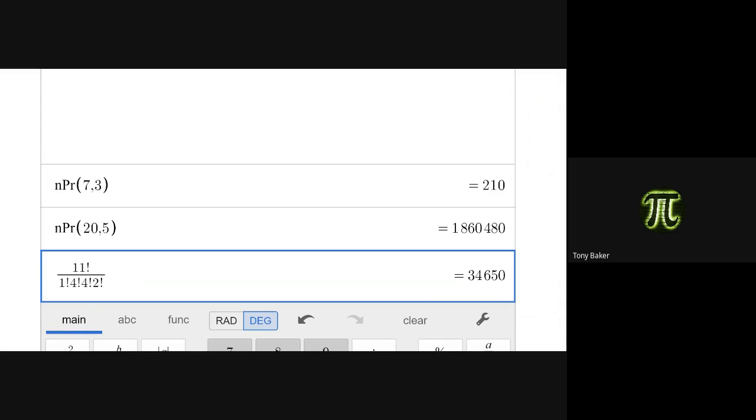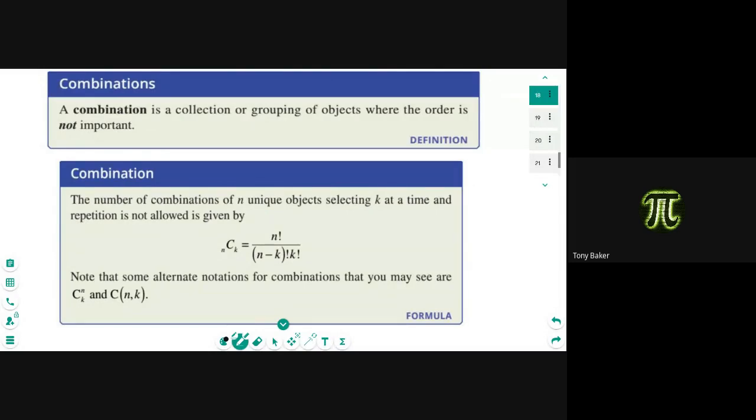Last one, combinations. The biggest difference between combinations and permutations is, in combinations, order does not matter. Okay, so order does not matter. This is the NCR button. So this is where that wording comes into play.